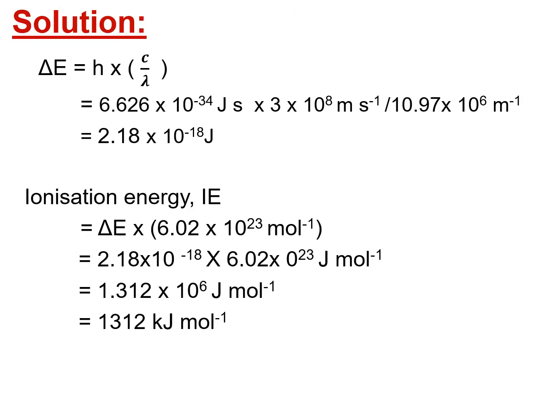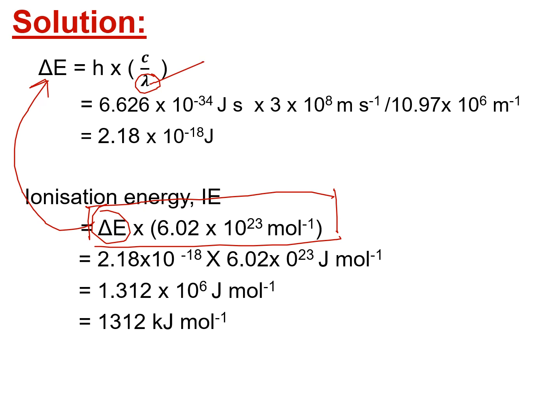For the solution here, to find the ionization energy of the hydrogen atom, you can use this equation: delta E multiplied by 6.02 times 10 to the power of 23 per mole. Delta E you can get from h multiplied by c over lambda, and this lambda must be the wavelength of the converging limit.